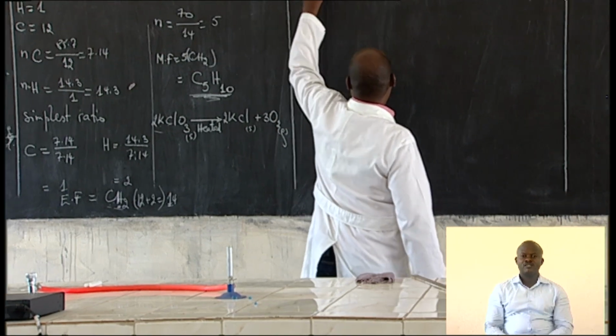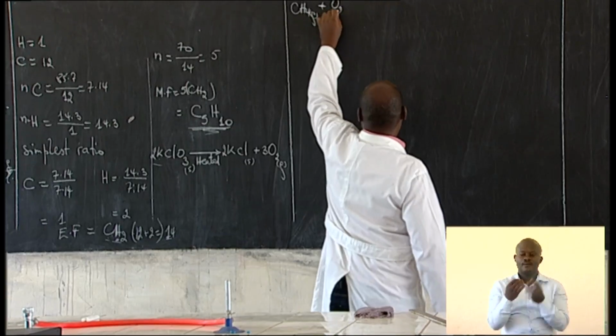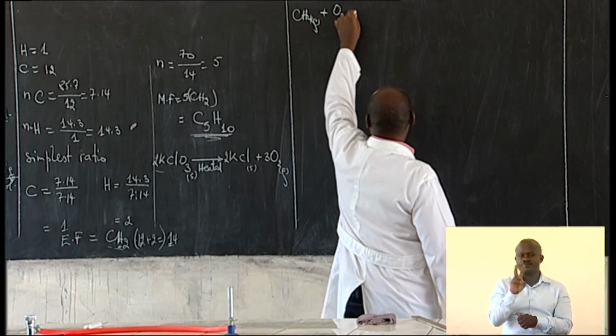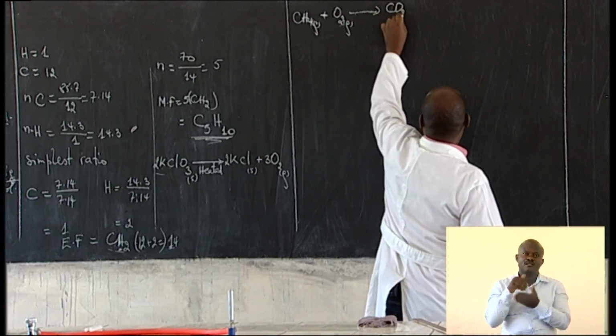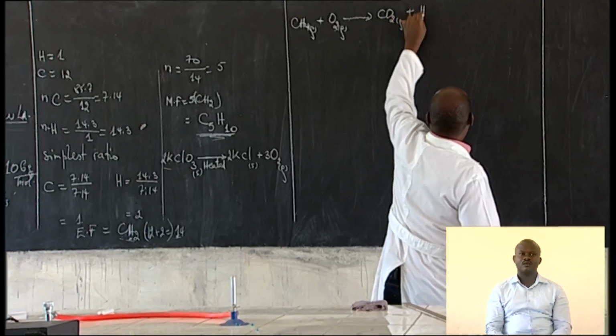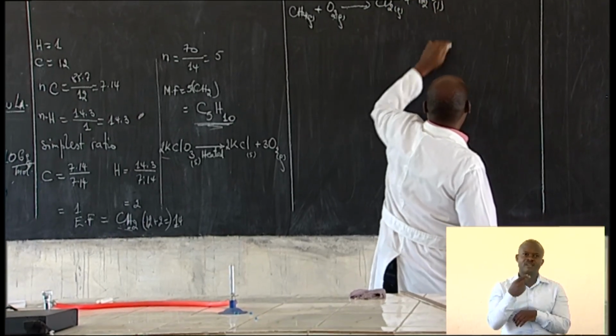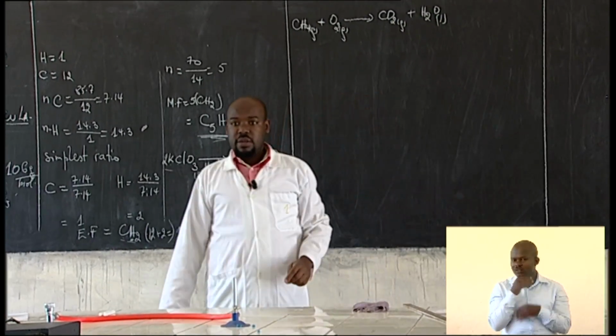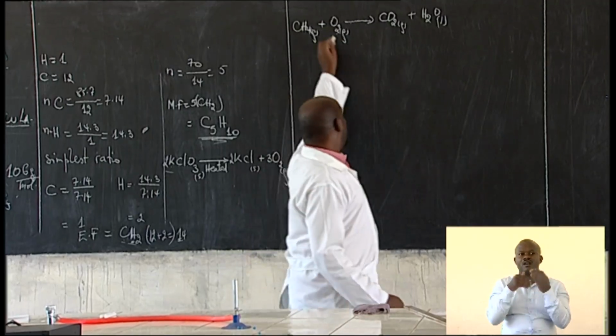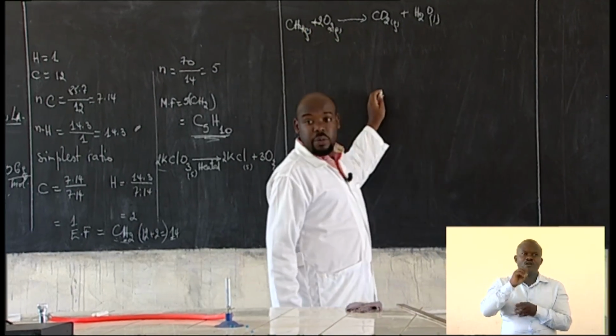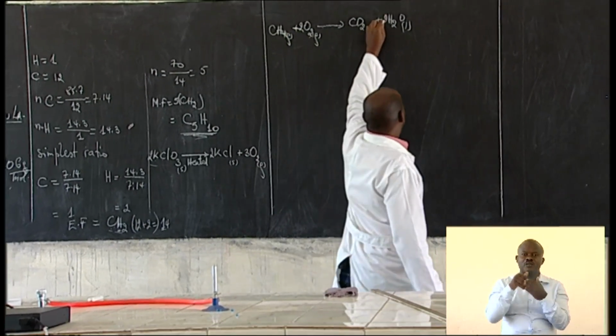It is a combustible which is found in Kivu. We produce carbon dioxide plus H2O, which is liquid. You can see we have 2 moles of oxygen, and here we produce 2 moles of water.